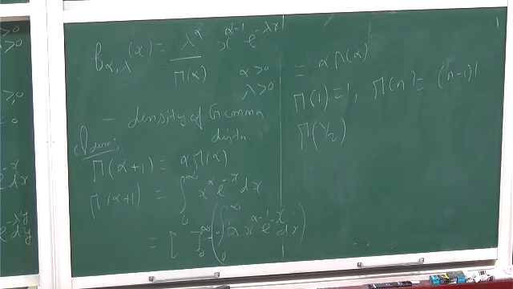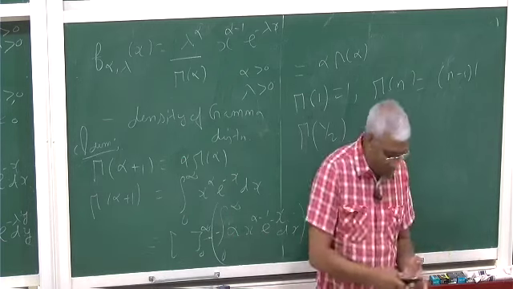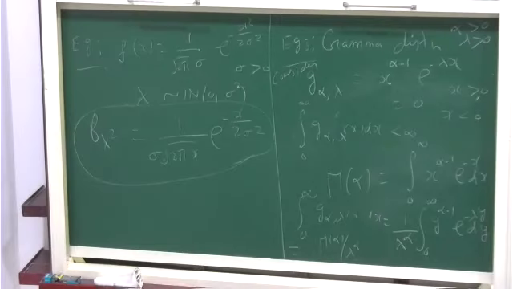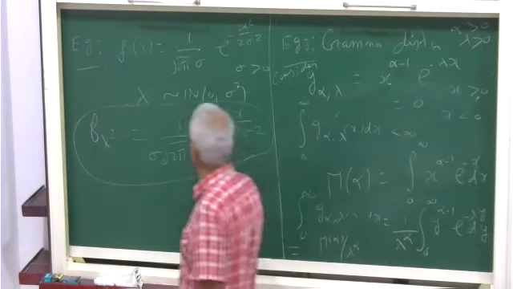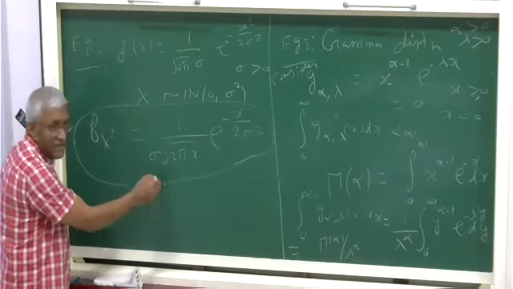That is why we did this. We know that this is a density, because we got it from a normal random variable, and using whatever transform, we got this. So this is indeed a density.